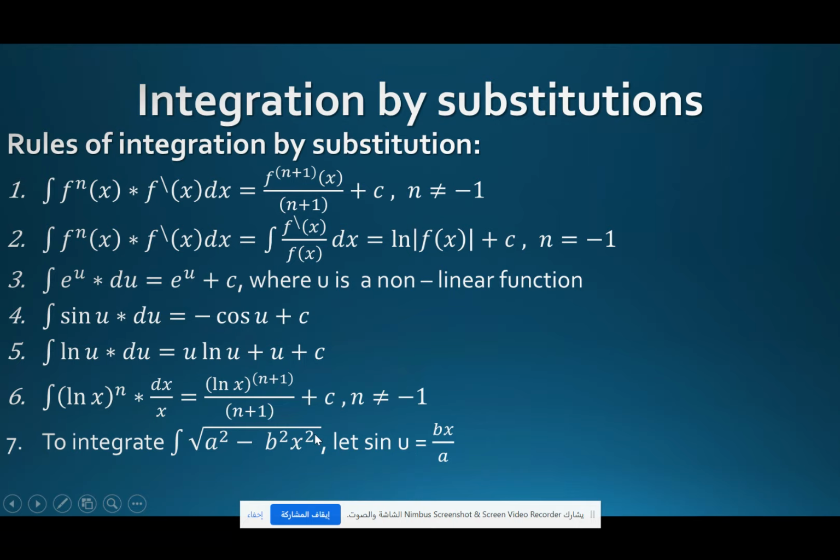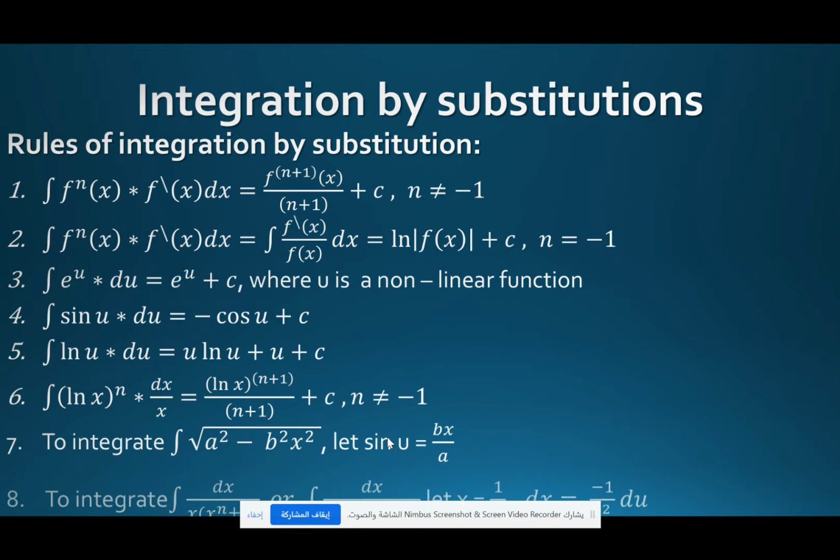Here bx comes from the second term, just take the square root of it, and a comes from the first term, just take the square root of it. Then you derive these and substitute in the integration.